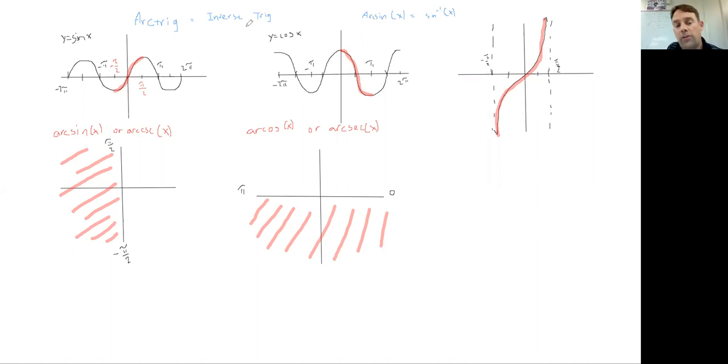So arcsine and arc cosecant, we dealt with quadrants 1 and 2. Arc cosine and arc secant, we dealt with quadrants, I said that wrong, didn't I? 1 and 4 for arcsine and arc cosecant. 1 and 2 for arc cosine and arc secant. Then for arctangent and arc cotangent, again, we were back to dealing with quadrants 4 and 1.